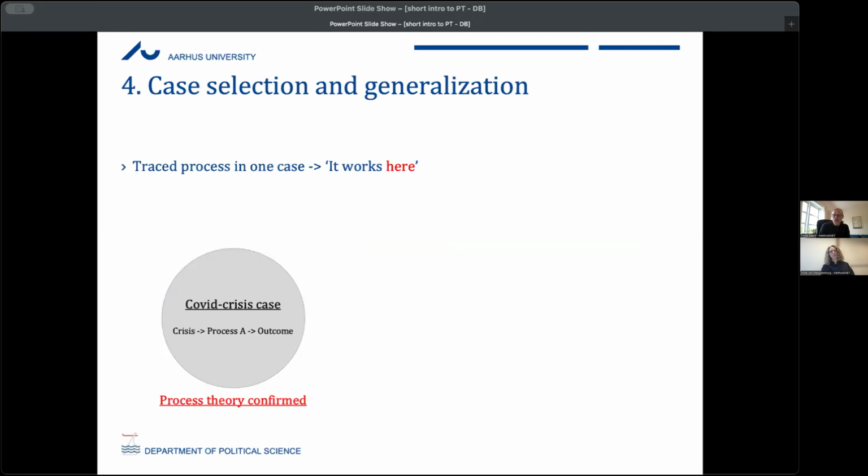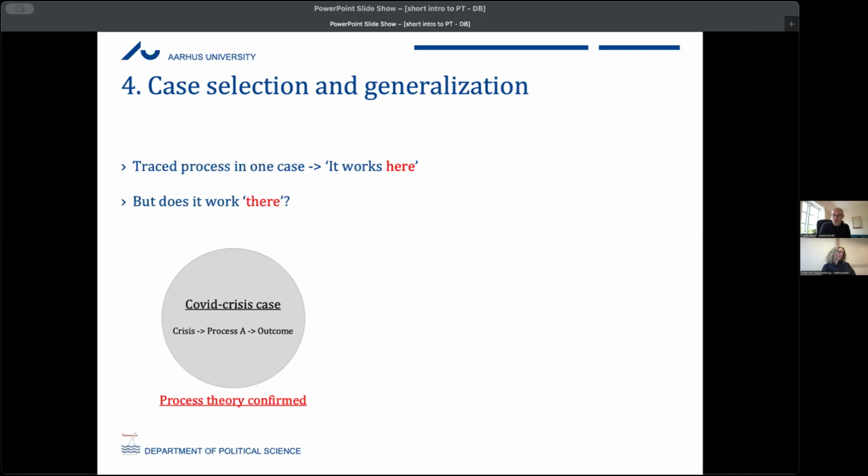One of the challenges, of course, is that just because you know that it works in one case, that doesn't, and this is one of the disadvantages of process tracing. I'll let Hilde come in maybe with a comment on this. The challenge is that just because I've investigated one case, I cannot assume it's going to work like that in other cases.